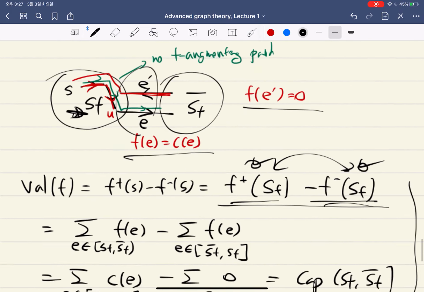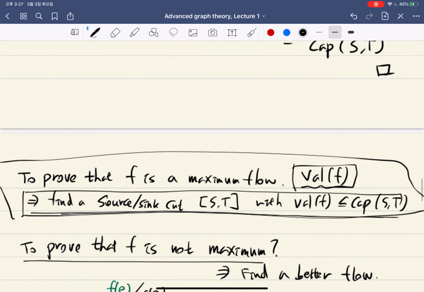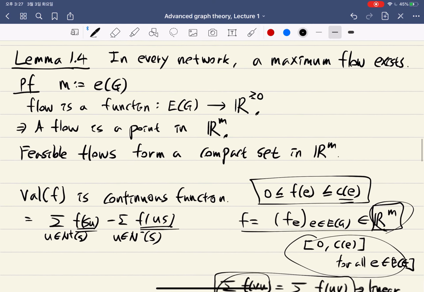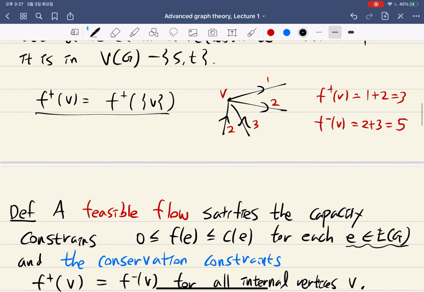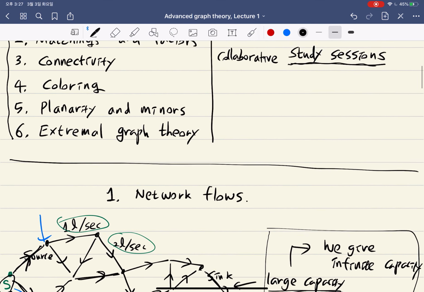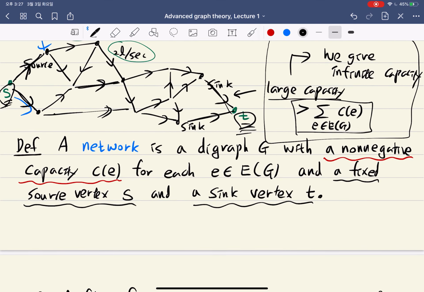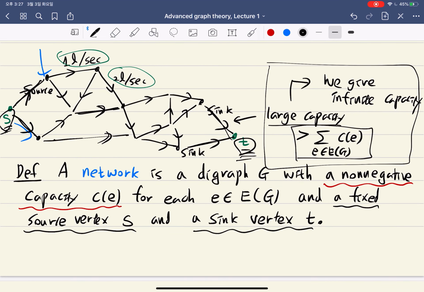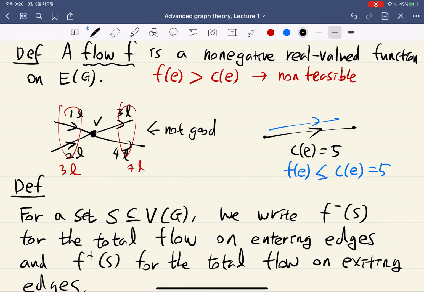So today we defined what networks and flows are. We defined a network, which is a mathematical model for the situation where there are flows from some source to a sink, and we want to find the flow with the maximum value, which means the flow that transports the maximum amount of water.